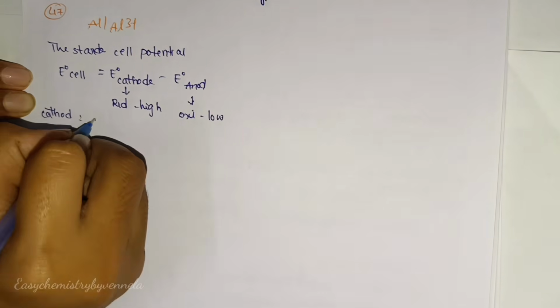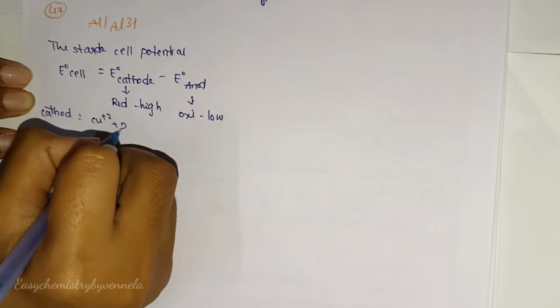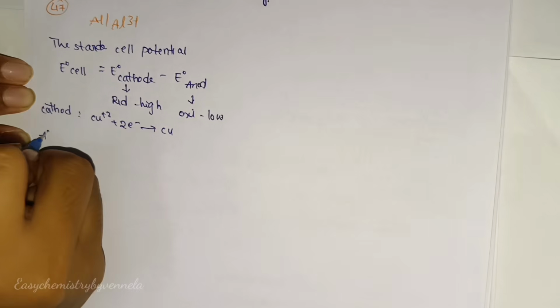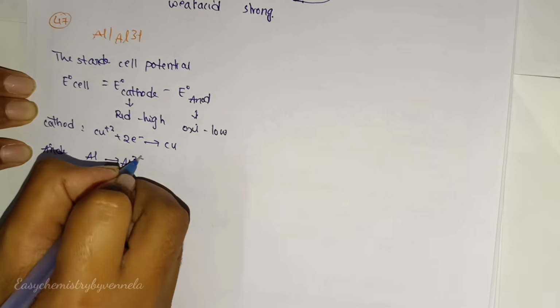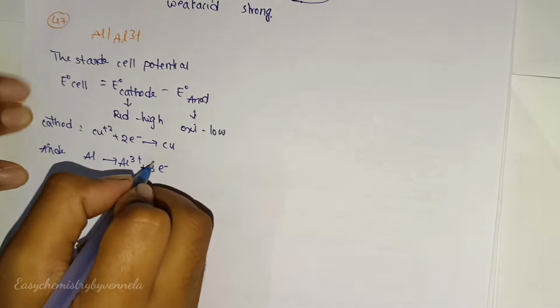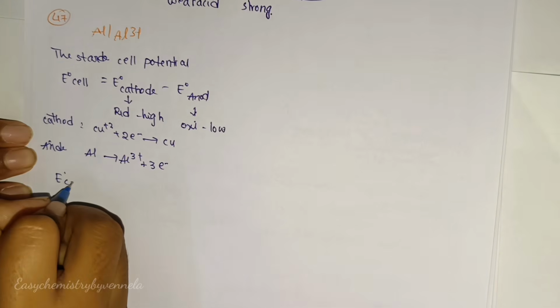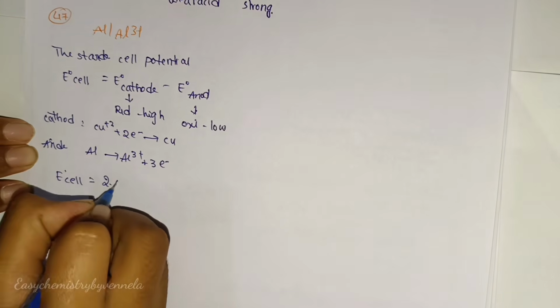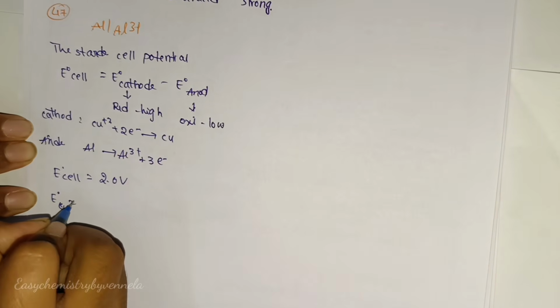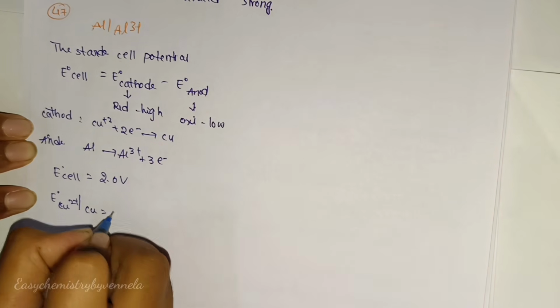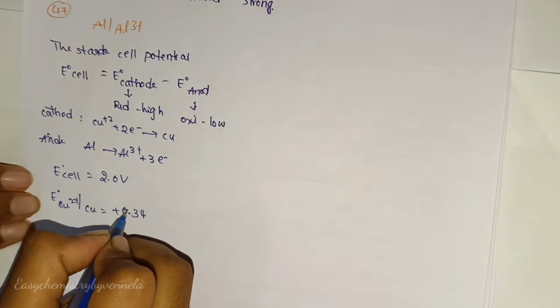Here cathode is from copper and anode is aluminum, Al3+ and 3 electrons. Here given E naught cell is equal to how much? 2.0. Next, copper is given, Cu2+ and Cu, that is plus 0.34.